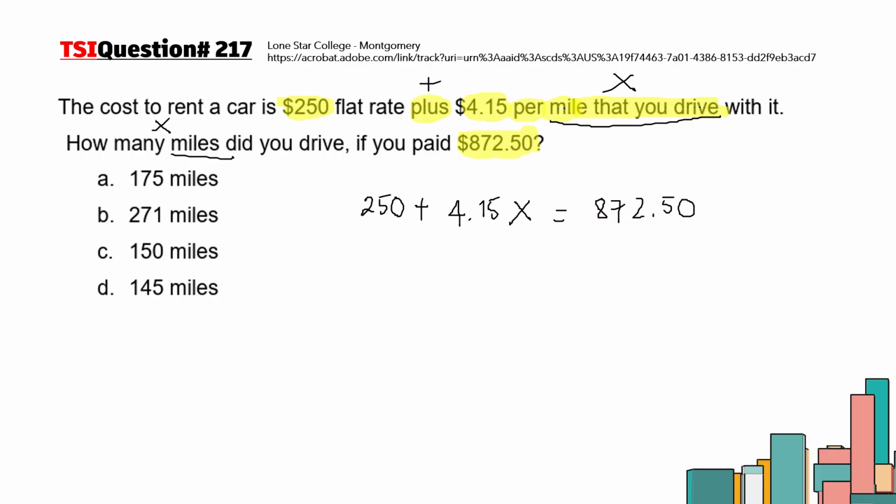Now we have to isolate the 4.15x, so we subtract both sides by 250. So it's gone on this side, and then the left hand side now is just 4.15x equal 622.5.